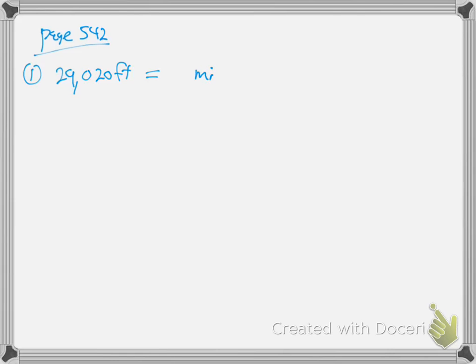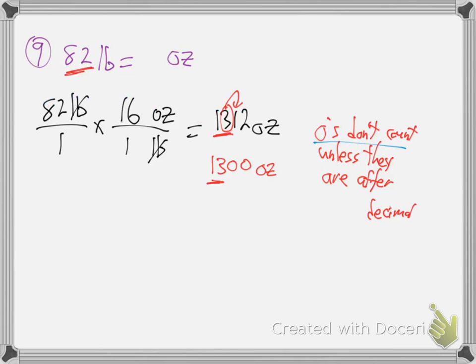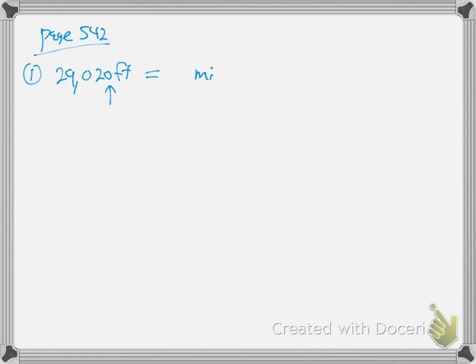By the way, how many significant digits in that original number? 3? No, 4. 5. Does this last zero count? No. What did we just say here? Zeros don't count unless they're after a decimal. So that last one doesn't count.